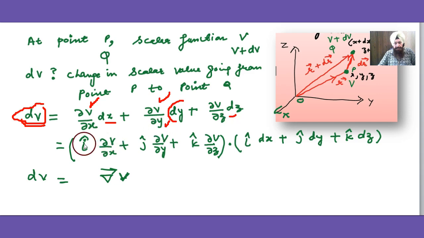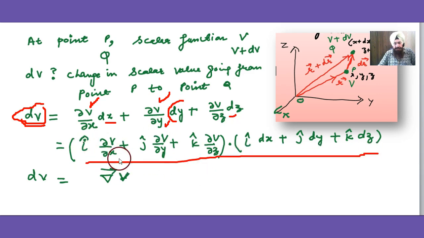So if I open this dot product, i cap dot i cap is 1, so ∂V/∂x into dx, like this one. j cap dot j cap is 1, ∂V/∂y into dy is this one. k cap dot k cap is 1, this into dz, this one.